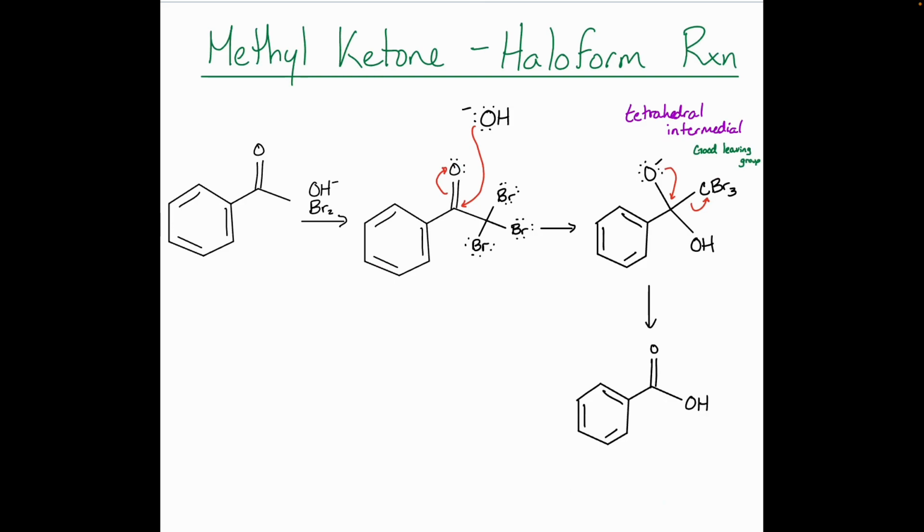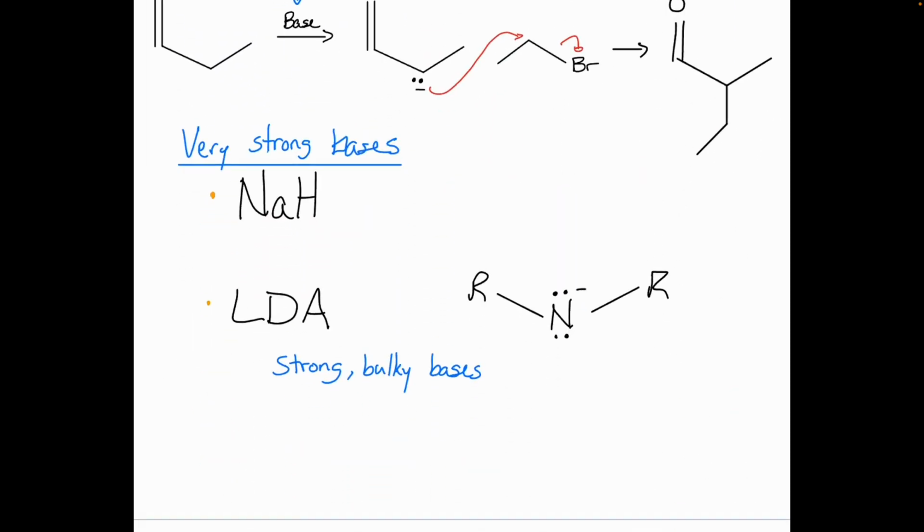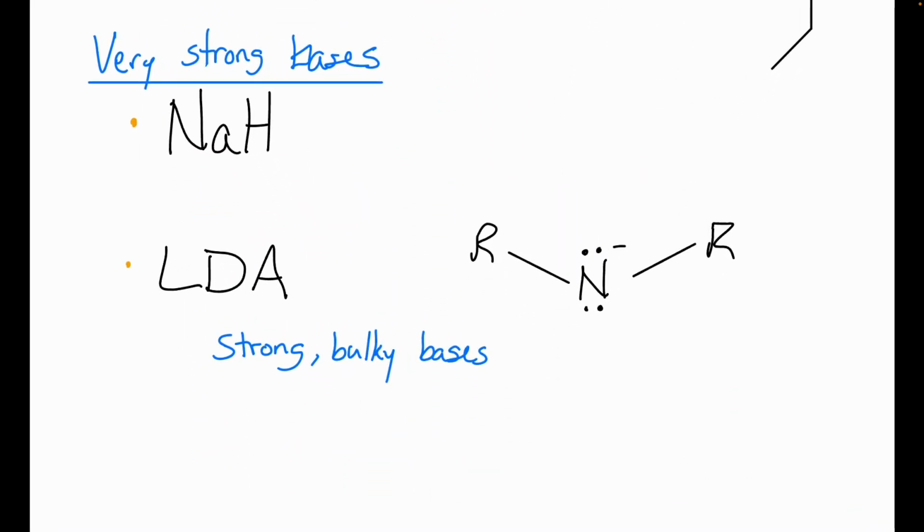So now let's go back to these alkylation reactions and these 2 bases. What's going on here? What's the difference between the 2? We said the LDA was a strong, bulky base. Sodium hydride is a strong, small base.